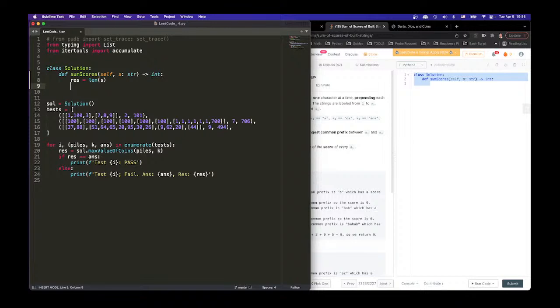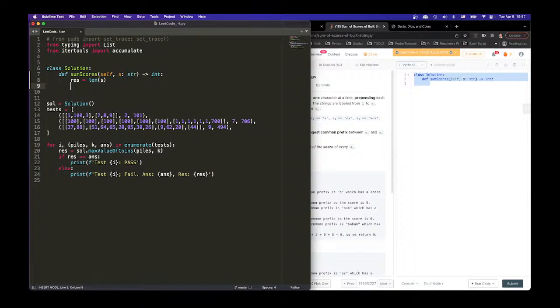How do we know if someone's consecutive? We can count how many are consecutive from the start. So we have the value, and that will be the maximum consecutive at the start. And then starting from the second position, we start comparing. If it's not the same, then we move forward.